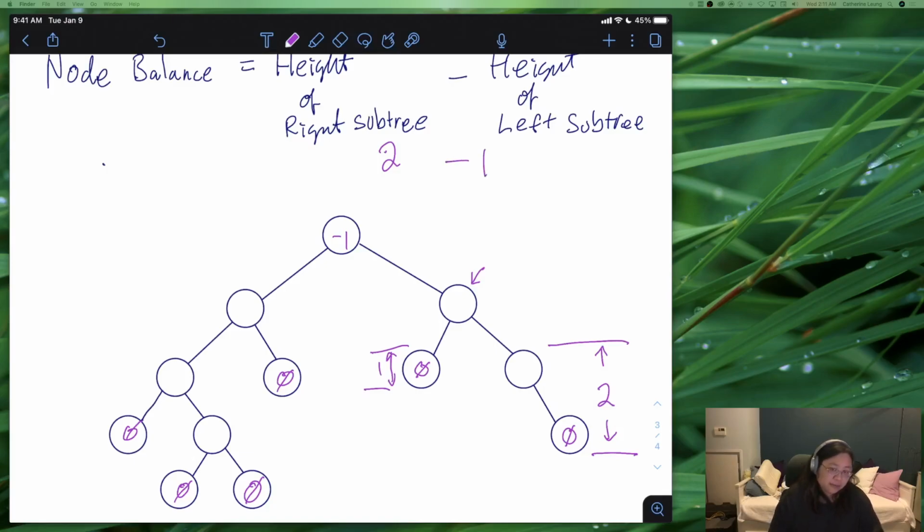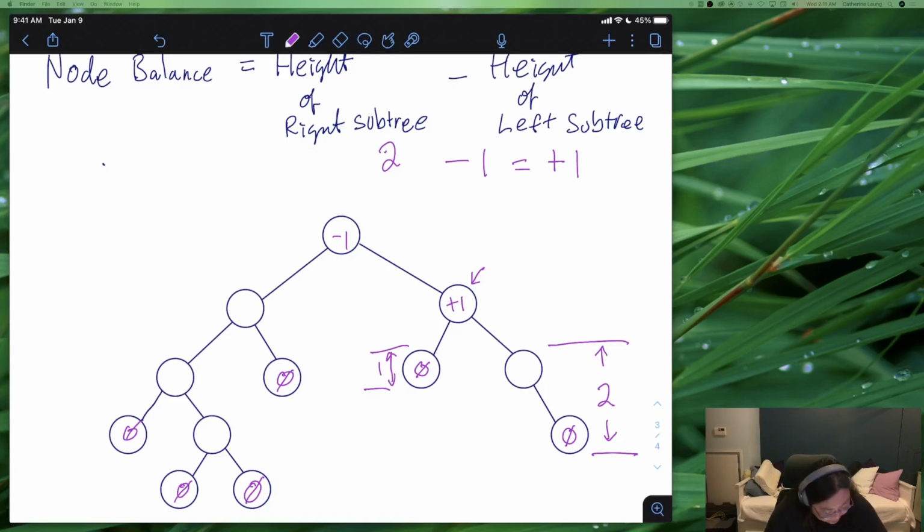We don't look at the balance values in the tree when we're calculating. We actually just take a look at the height and then make the calculation. So this is positive 1. This node has a balance of positive 1.